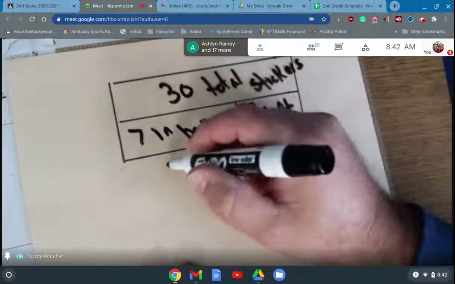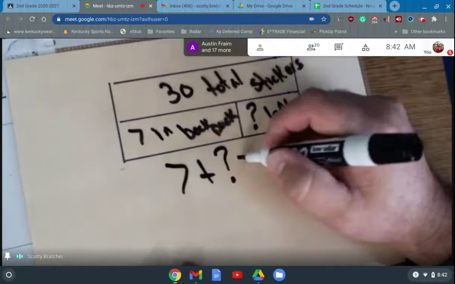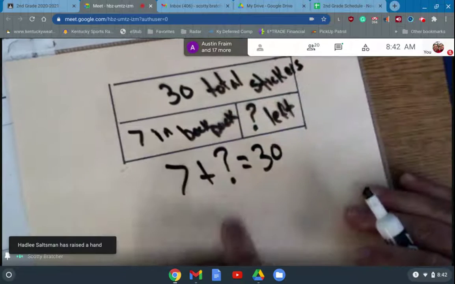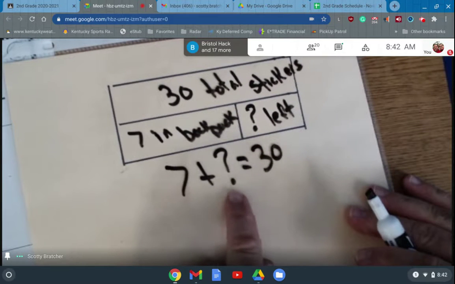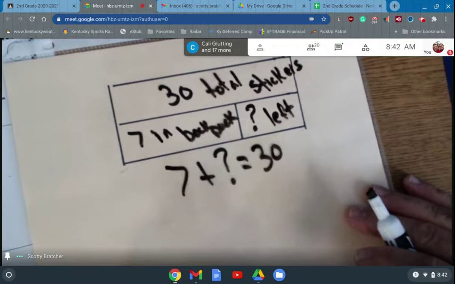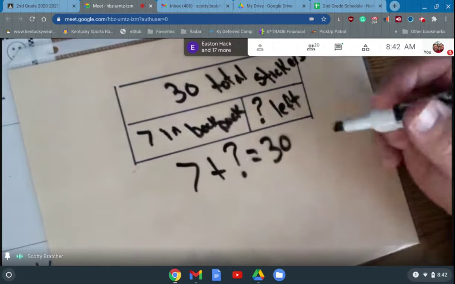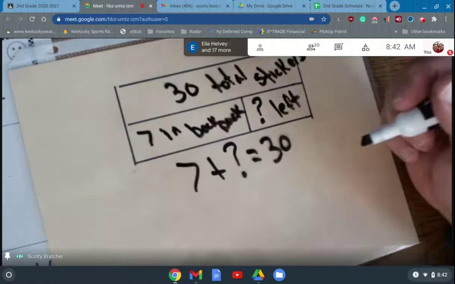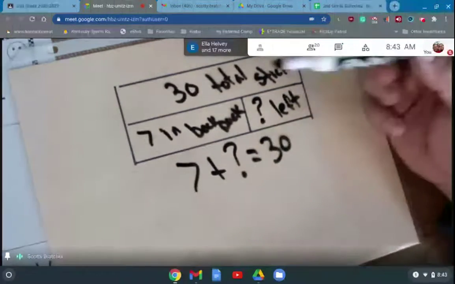If I take these two add-ins, 7 plus something that I don't know equals 30. I don't know what to add, do I? No. So this is where it's called a missing add-in problem. It always turns into a subtraction problem. Okay? And our biggest rule on subtraction is we always put the big number first.